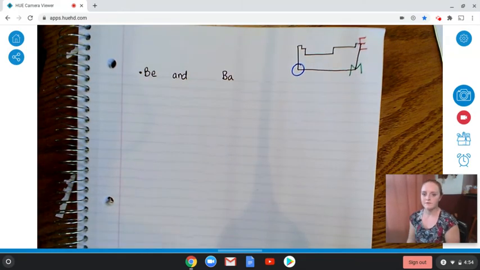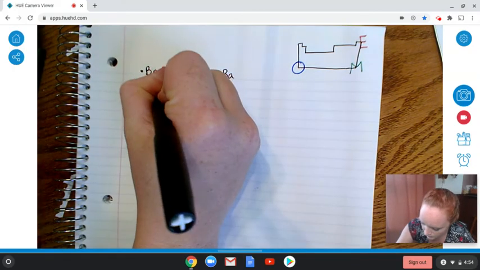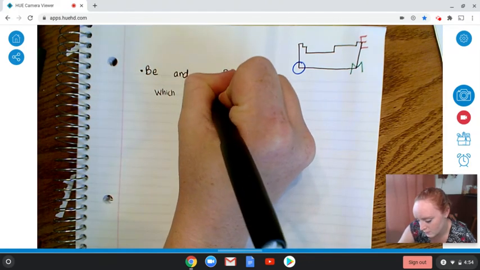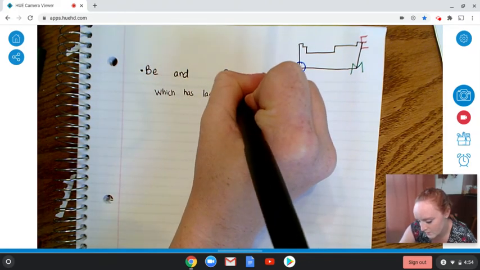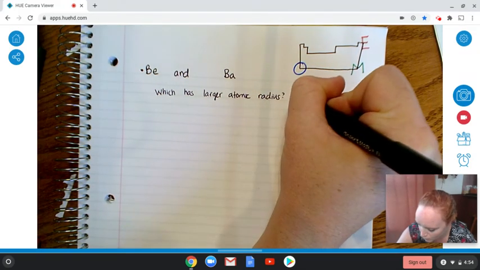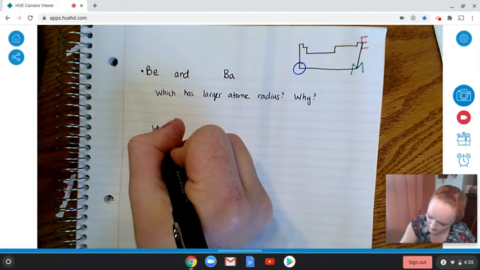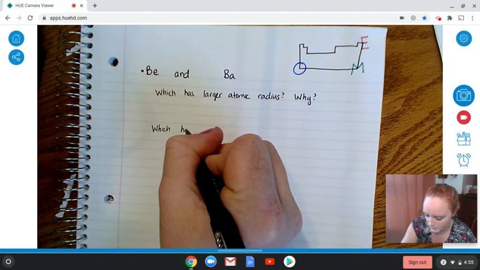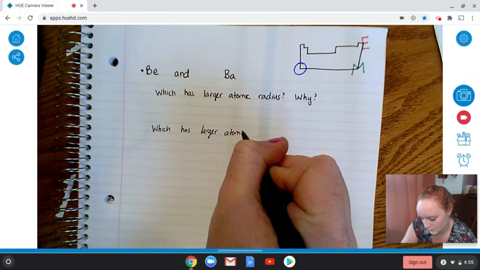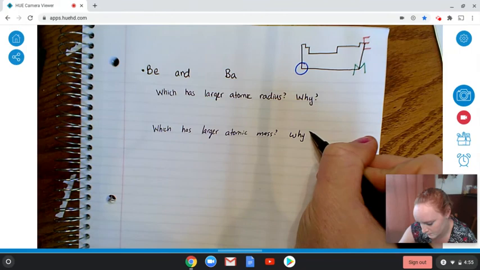So first trend, we'll start with the lower left. Here's the clock again. Which has the larger atomic radius, and why? Mass, skip like 3 lines. Which has larger atomic mass, and why?